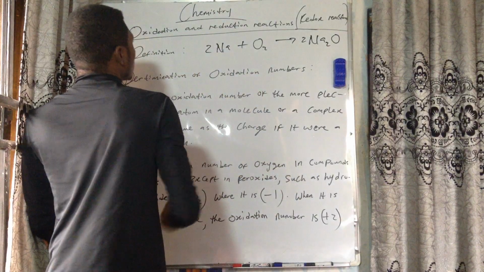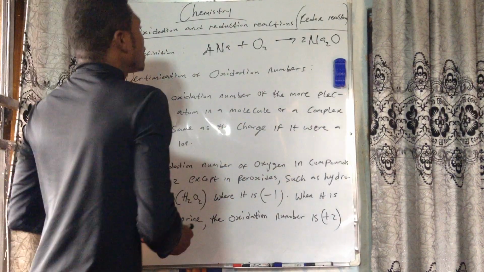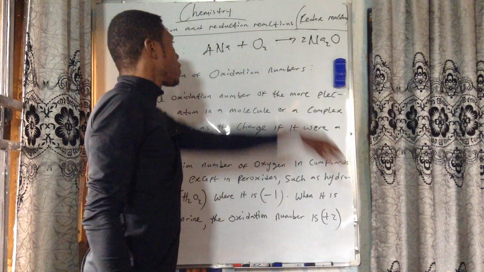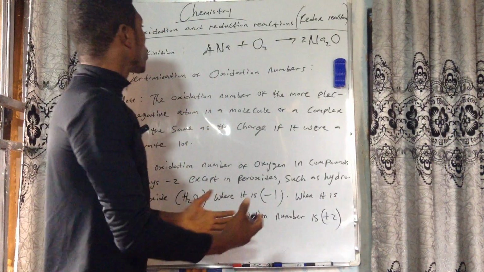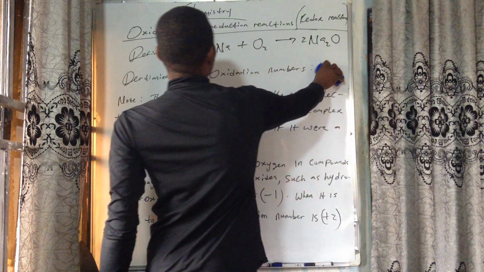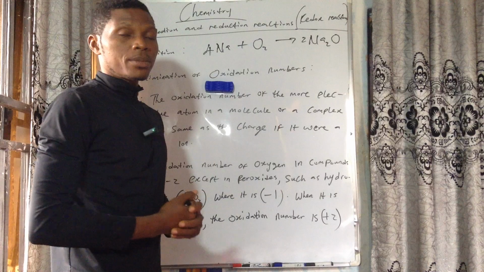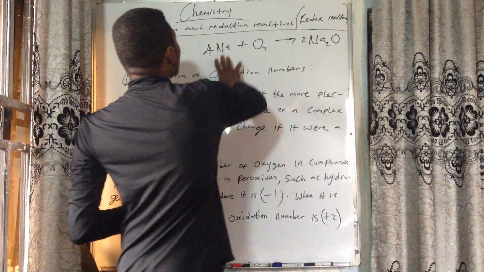You see? It gives us sodium oxide. Sodium is being oxidized in the process. In this process, sodium is what? Oxidized, because sodium loses electrons.